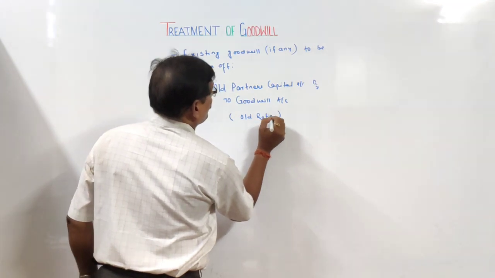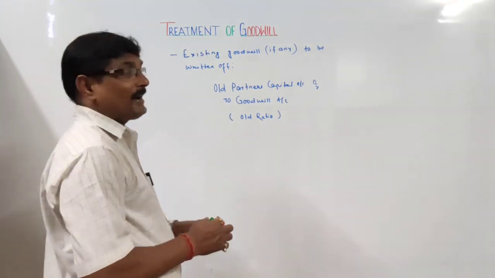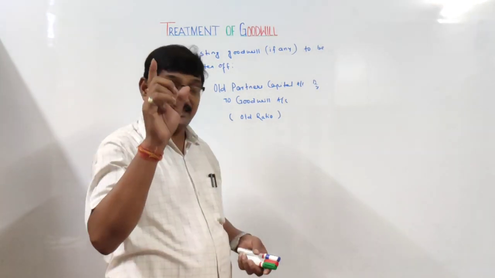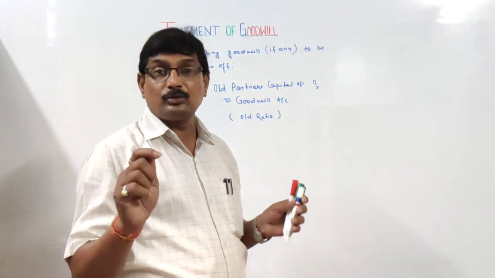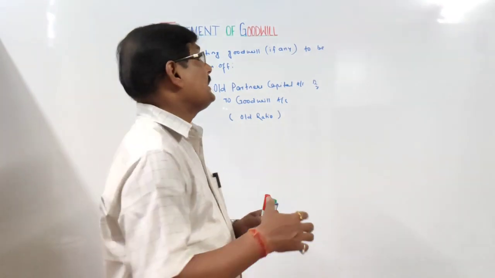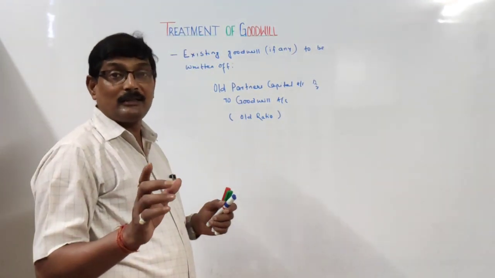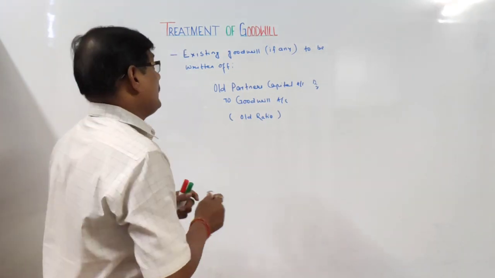This is the first step. As soon as you start solving the question, first go to the balance sheet, and if goodwill exists there on the asset side, write it off among old partners in the old ratio. And old partners means including the retiring partner.